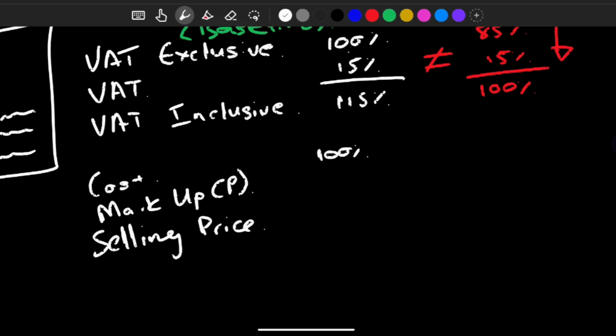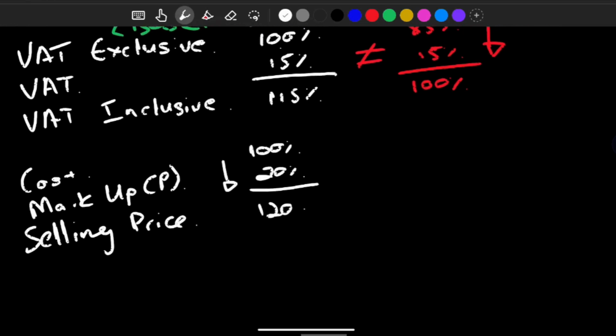Cost would be 100%, or we can use actual numbers, I'll come back and do that. Then your markup, let's say, is 20%, meaning that for every product that you sell, you make 20% profit, right? And then your selling price is 120, so it's going to be 100 plus 20. Mathematically correct.